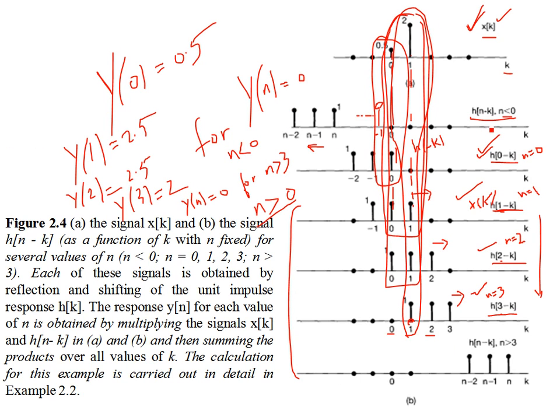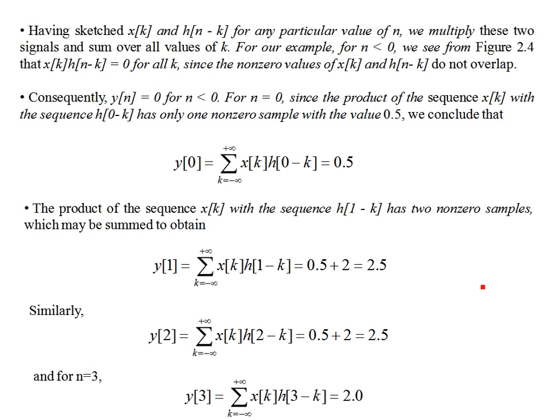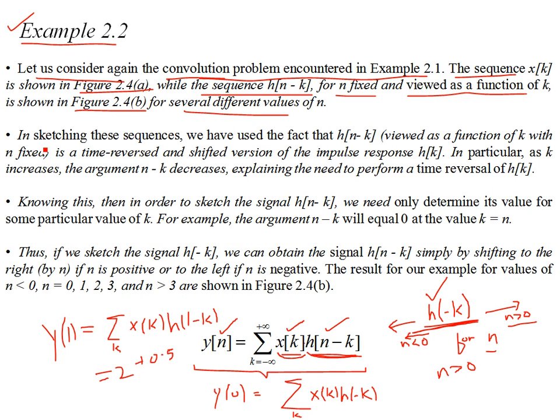We started with x of k, treated both x of k and h of k as functions of k, and then started shifting them for the given n. For n equal to 0, this is just a flipped version of the impulse sequence, and then for n equal to 1, we started shifting it towards the right because n is positive. For n greater than 3, there is no overlap, so we just stop there.